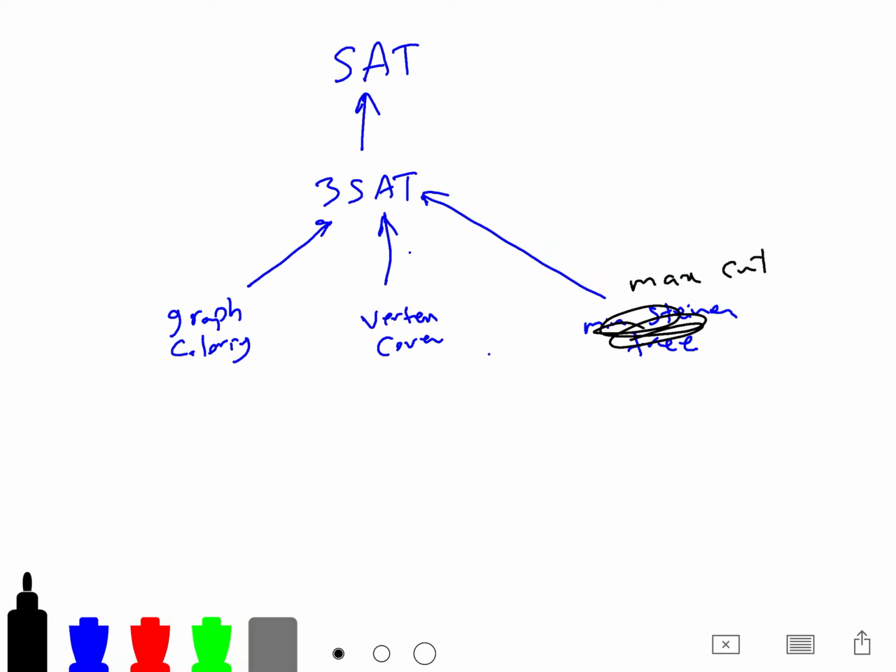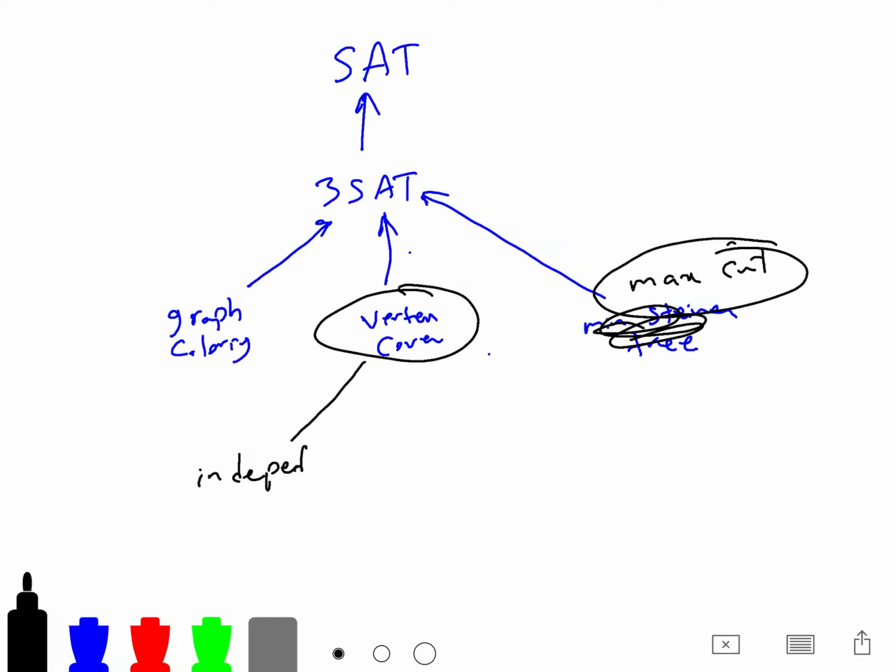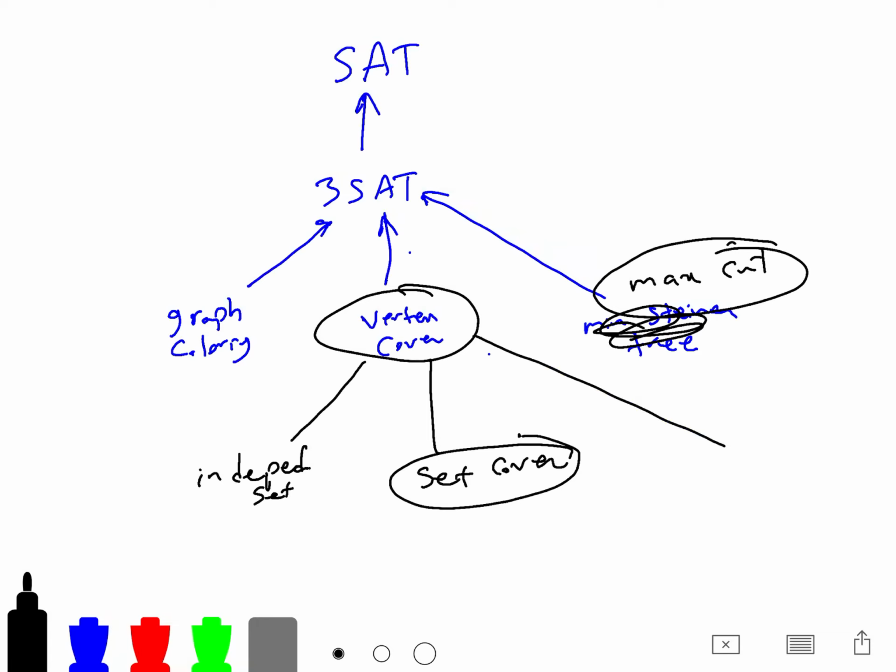Max cut is also dual of min k-clustering. And the max cut is very interesting. About the vertex cover, you can also say that it is as hard as independent set. You can say vertex cover, set cover. Set cover is really important because it's one of Karp's 21 NP-complete problems.